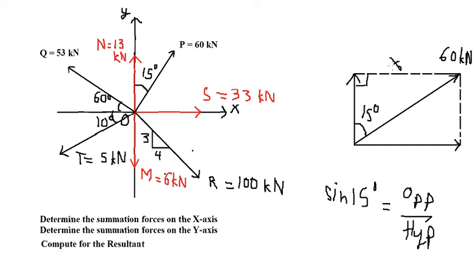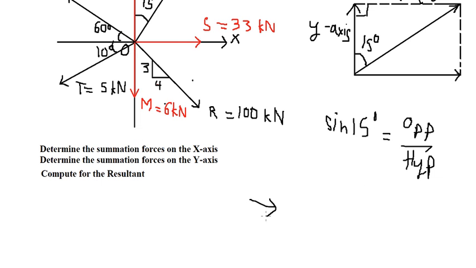This one is the x-axis and this one is the y-axis. We have a hypotenuse of 60 kilonewtons.